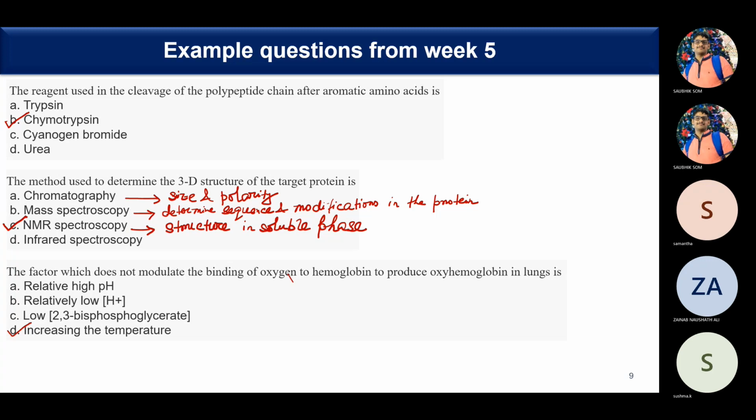I just had a confusion about 2,3-bisphosphoglycerate. So actually 2,3-bisphosphoglycerate interacts with, it's an anionic compound. It's present in human blood cells and it binds with greater affinity to deoxygenated hemoglobin.